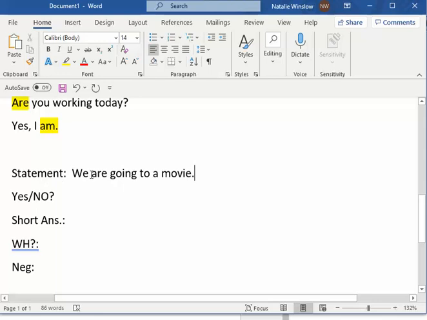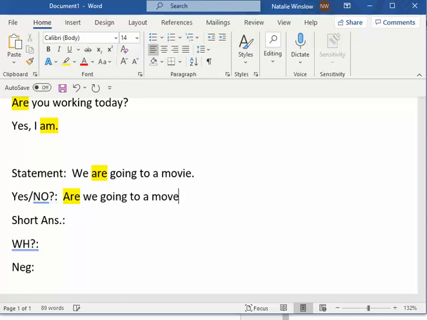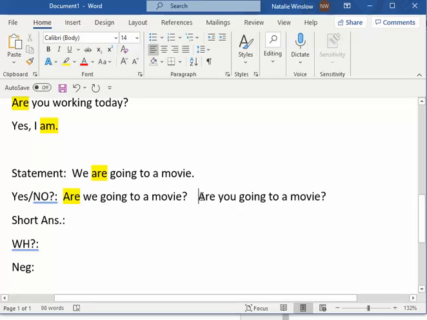If I ask a yes/no question, here's your be verb, so that will come first. And remember, it's two or more people having a conversation. So I suppose you could say, are we going to a movie? It is possible. Are we going to a movie or not? But most of the time we would say, are you going to a movie? Yes, we are.